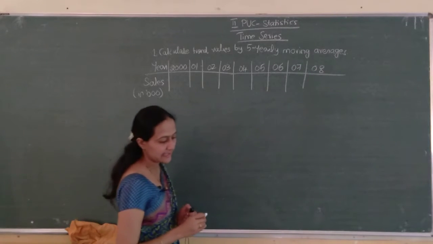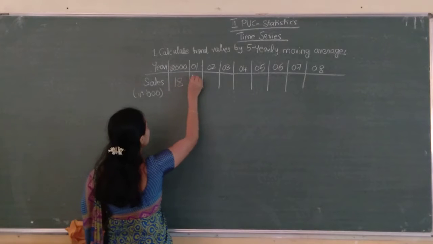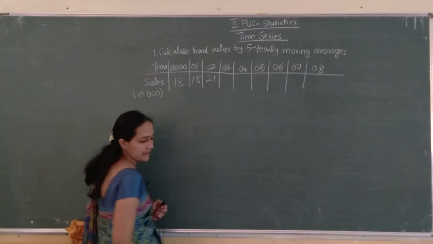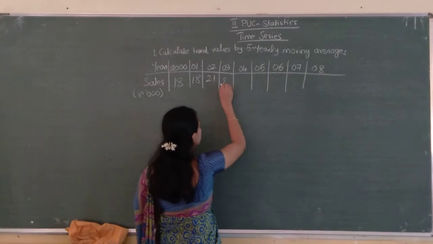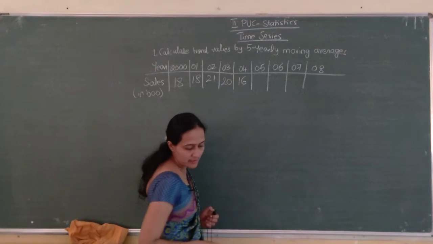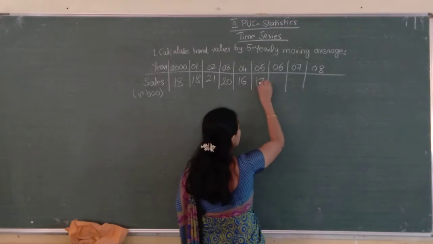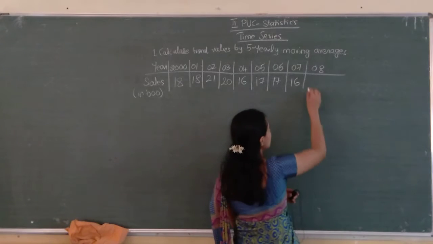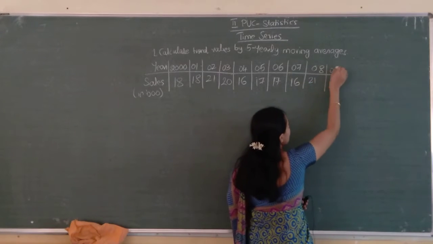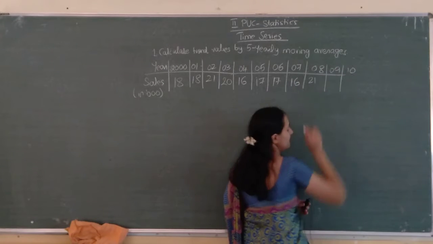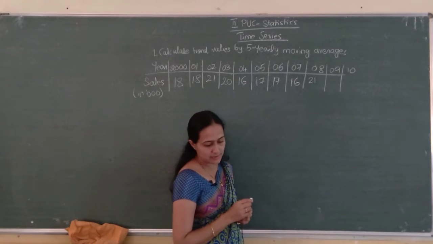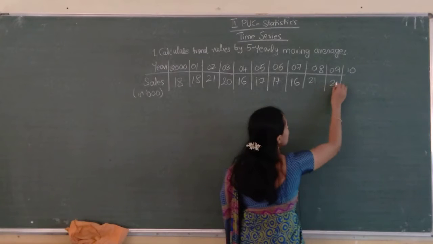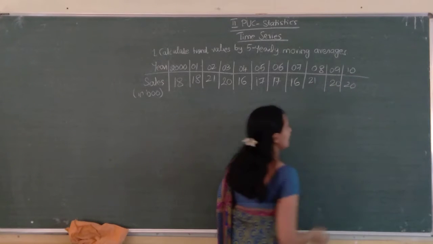The sales are 18, 18, 21, 20, 16, 17, 17, 16, 21. Sorry, two more are there: 2009 and 2010. 2009 is 20, 2010 again 20.